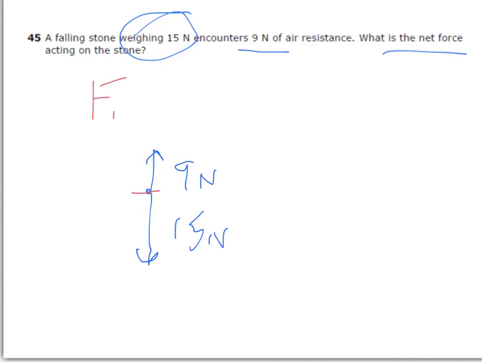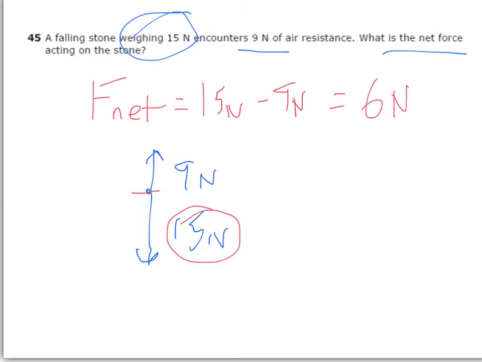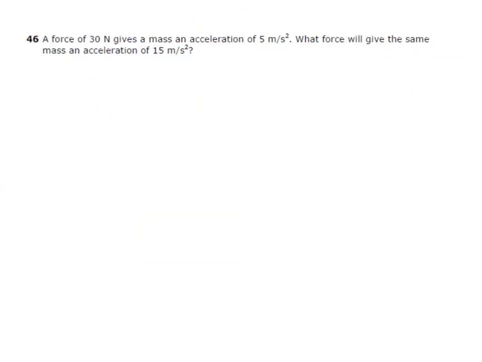So the net force is equal to 15 newtons minus 9 newtons. And we'll keep track of our directions here. The result of this is 6 newtons, and the magnitude of the down is greater than the up, so the result is in the down direction. So you have to just subtract the two since they're in opposite directions.